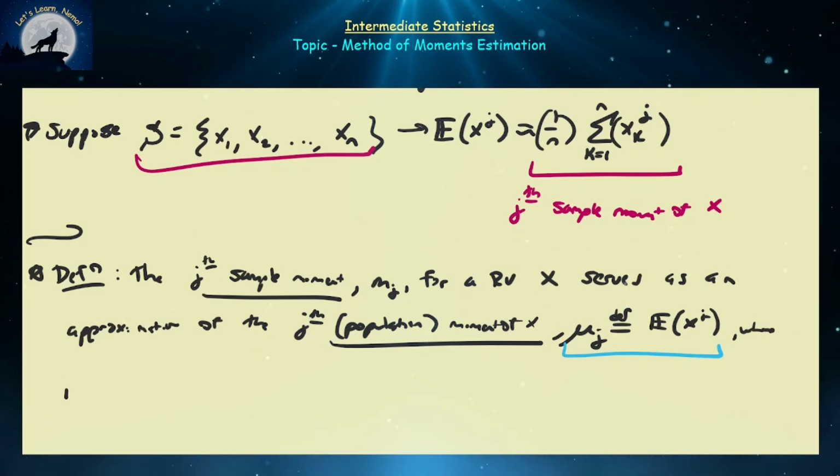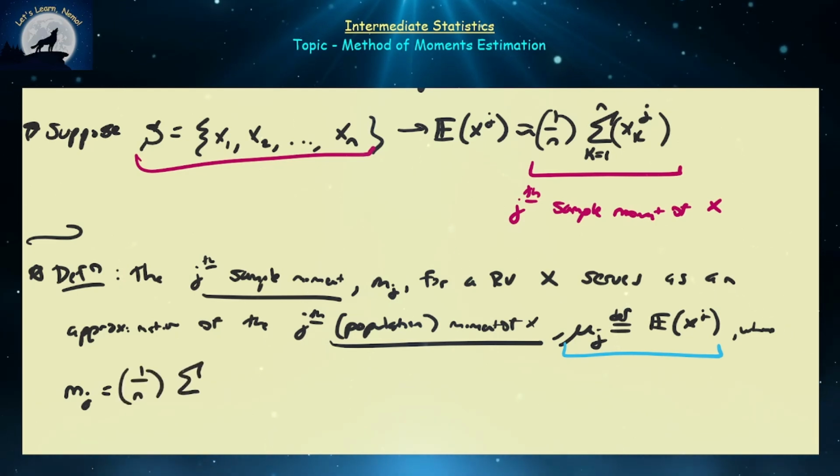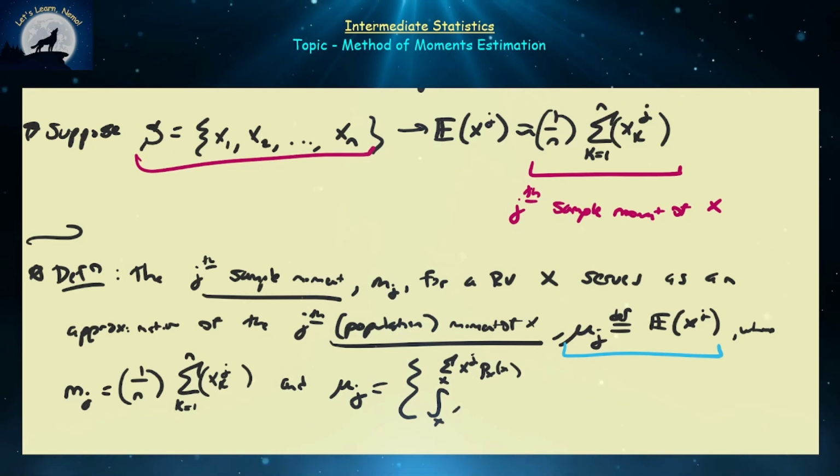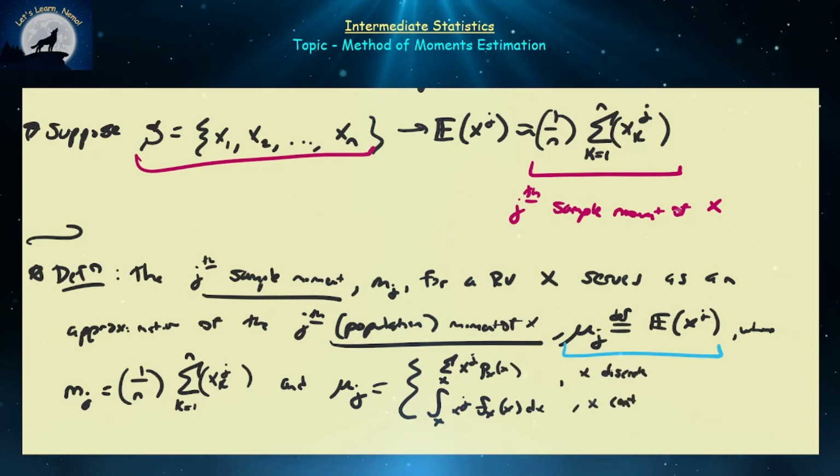Where m_j, the jth sample moment, will be defined to be 1 over m times the sum from k equal to 1 to n of xk to the power of j, and mu_j will be equal to the sum across all values of x^j times p_X of x, or the integral of x^j times f_X of x dx, where the first one is for x discrete and the second for x continuous.